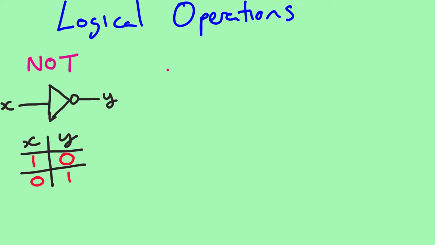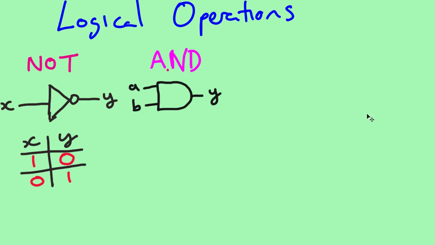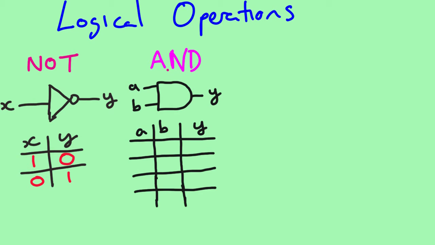The next logical operator we're going to look at is AND. It has a symbol like this. For this one, we've got two signals coming in and one signal coming out. Let's put together the table for this. When we have a 0 and 0 on our input, we get a 0 on our output.